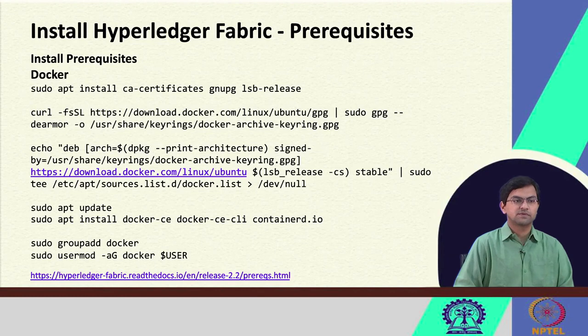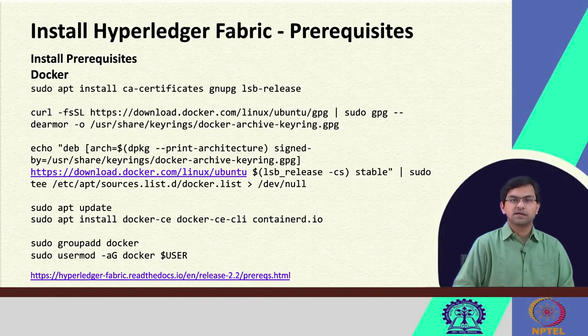If you do not follow these post installation steps of sudo groupadd docker and also sudo usermod -aG docker $USER, then you won't be able to use Docker without sudo or root level permissions.